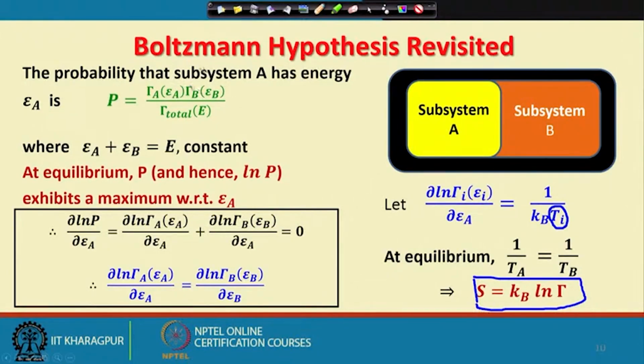Now, let me repeat the kind of argument that I have been trying to pose here. First of all, I said that there are two parts of an isolated system. I remove some kind of an internal constraint and allow the system to undergo a change in state, so that it spontaneously goes to a new equilibrium state. The new equilibrium state is going to be the one associated with a maximum number of microscopic states.